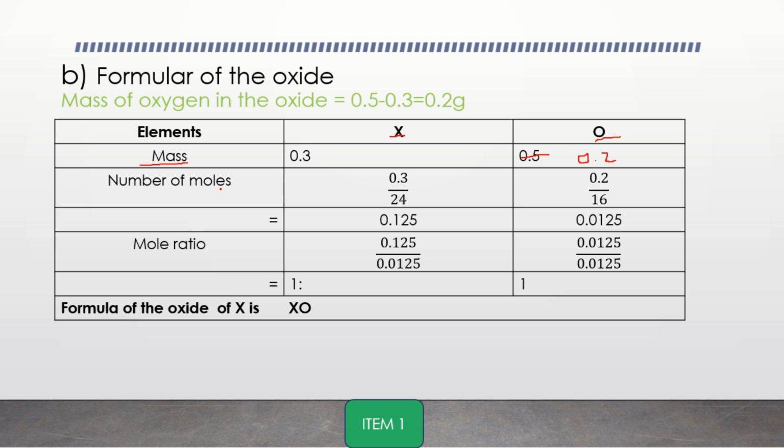So to get the number of moles, we divide the mass of the element by the mass of 1 mole of that particular element. So the mass of 1 mole of X is 24. It was given to us as the mass number. Therefore we shall have 0.3 grams of X that reacted divided by the mass of 1 mole of X, which is 24. Similarly, the mass of oxygen is 0.2.